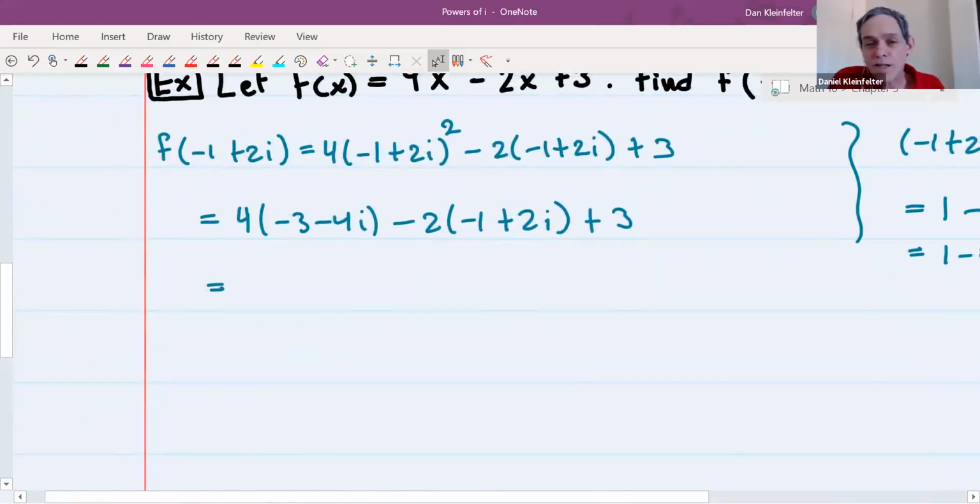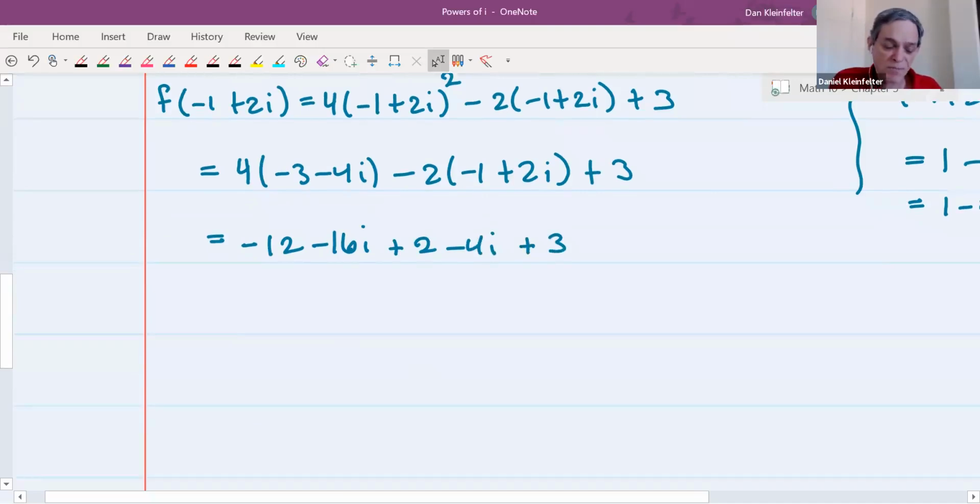So now we have to distribute. We're going to distribute the 4 in our first complex number, and then the negative 2 in the second part. 4 times negative 3 is negative 12. We'll have minus 16i. Negative 2 times negative 1 is positive 2. Then we'll have minus 4i. And then finally plus 3.